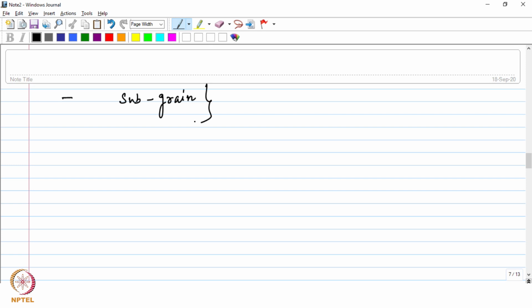Okay, and these subgrains can also act as the nucleus for the strain-free grains to form if the boundary between these subgrains can take a high angle configuration. Okay, if the misorientation across the subgrain boundaries increases and it becomes high angle, then it can also act as a nucleus. Okay, so this mechanism that we are going to talk about right now talks about subgrain coalescence by rotation.